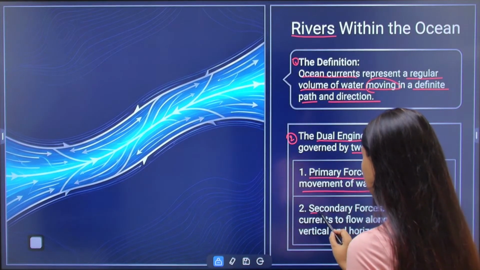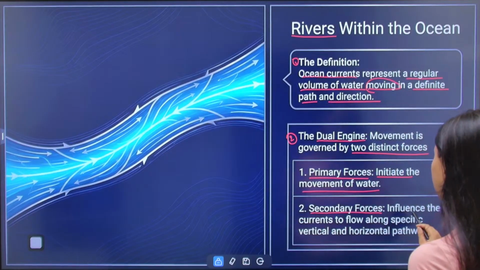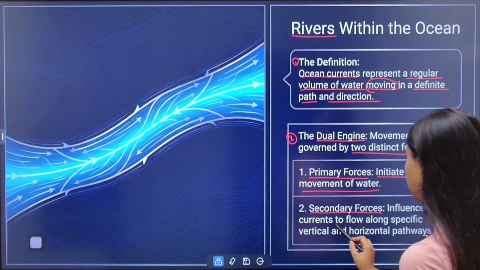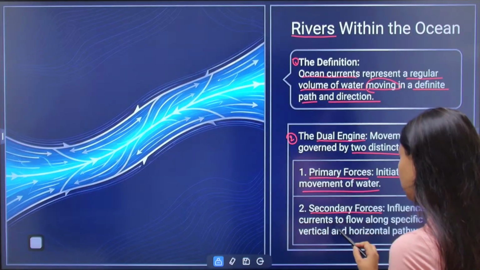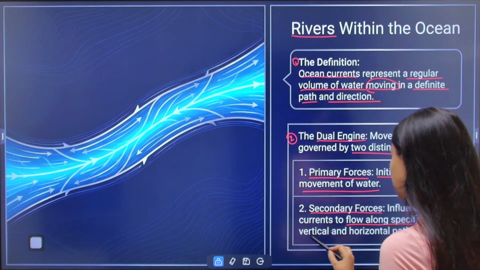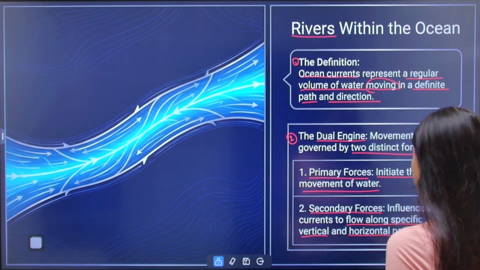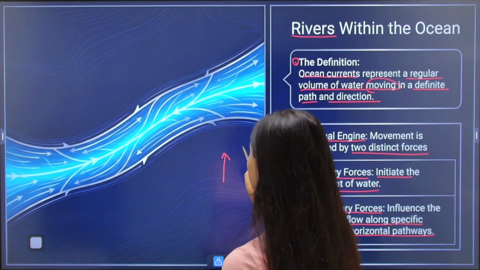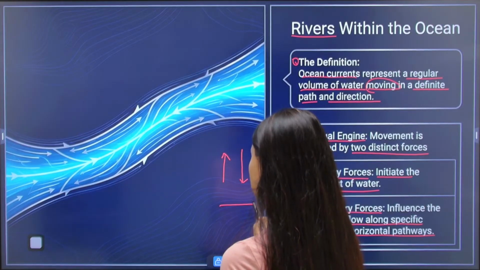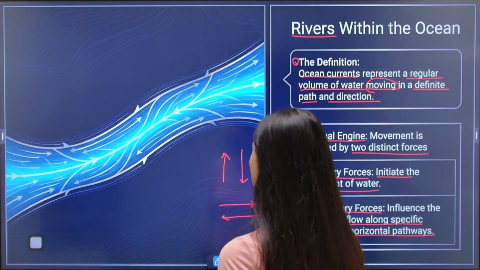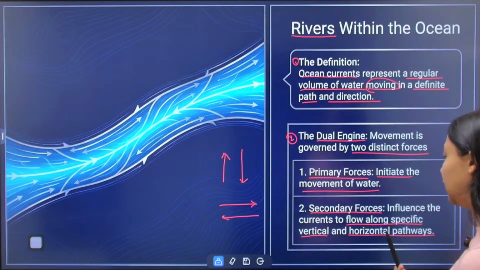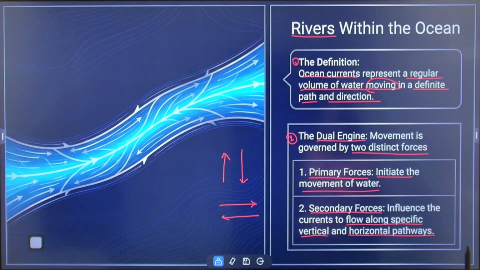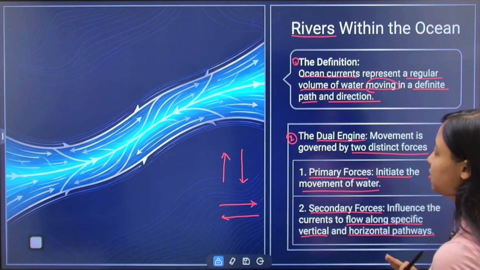Second is the secondary forces. Secondary forces will influence the currents to flow along specific vertical and horizontal pathways, whether the ocean currents are moving up, down, right, left, which direction they would take, or what will be their speed and force, that will depend on the secondary forces.